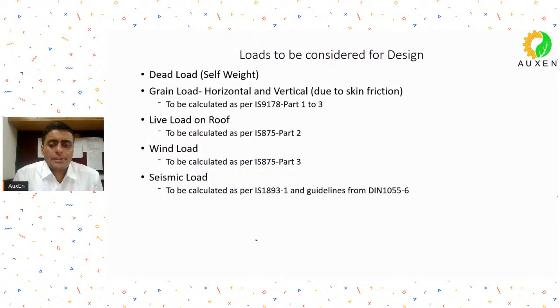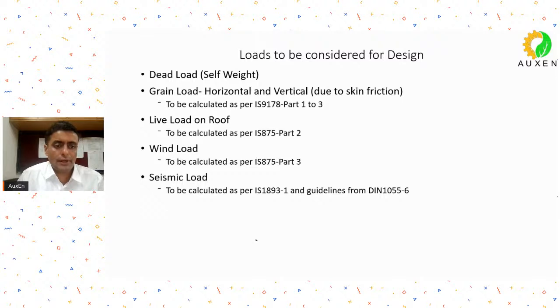What are the loads to be considered? Very quickly, you have to take the dead load, you have to take the grain load. Your grain will have a horizontal effect, and it will have effect due to skin friction on the silo sheet wall. These calculations are to be done as per IS 9178.